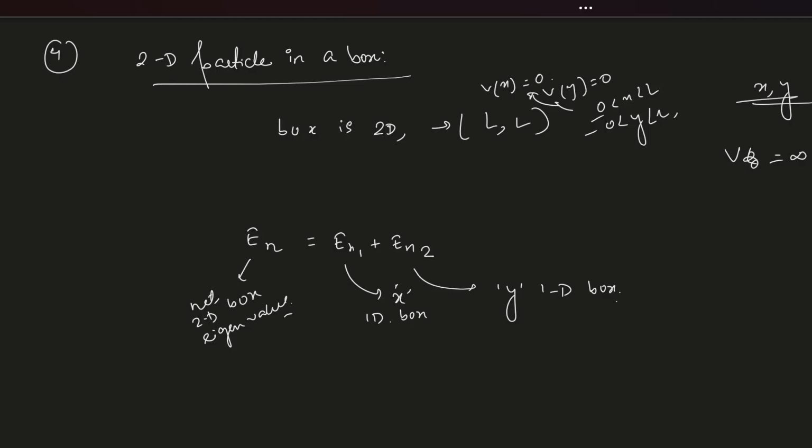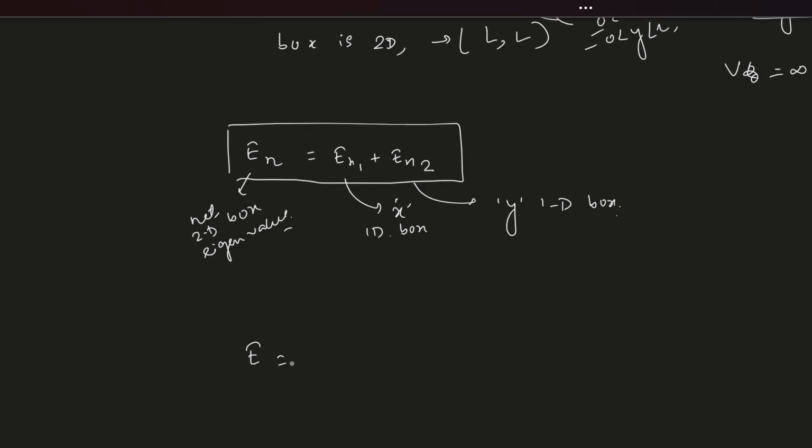Basically your total potential then becomes Vx plus Vy, and the eigenfunctions will be psi nx for Vx and psi ny for Vy, and the net psi xy will be a product of psi nx and psi ny. Anyway, this is the thing that we'll be needing, right?